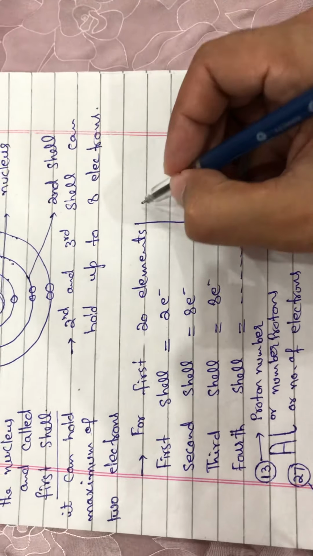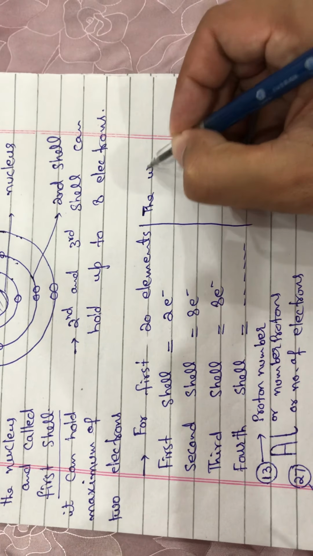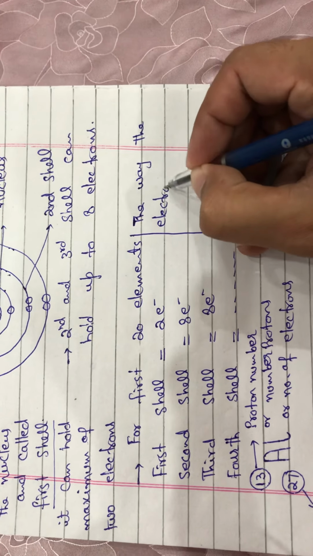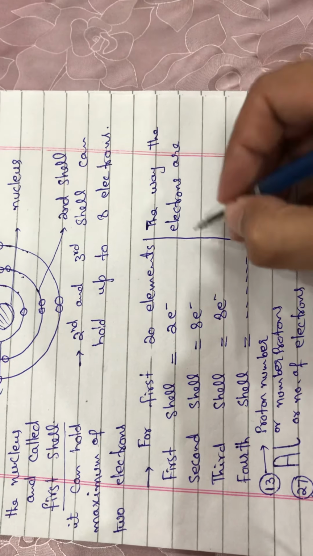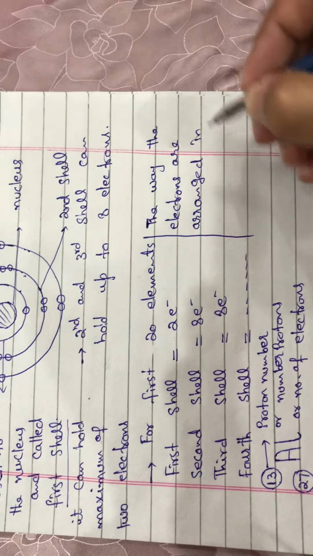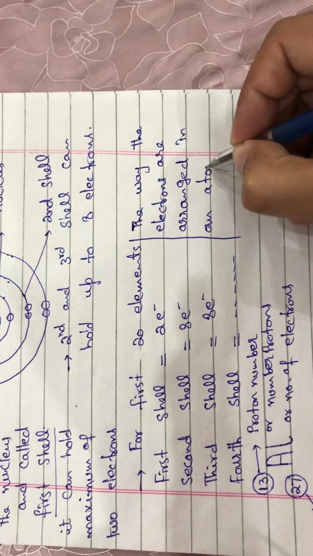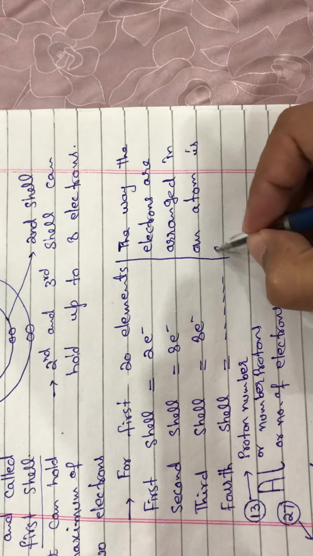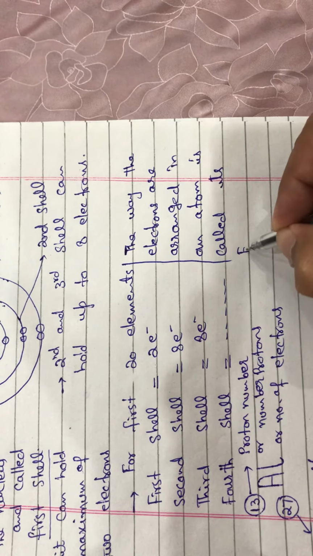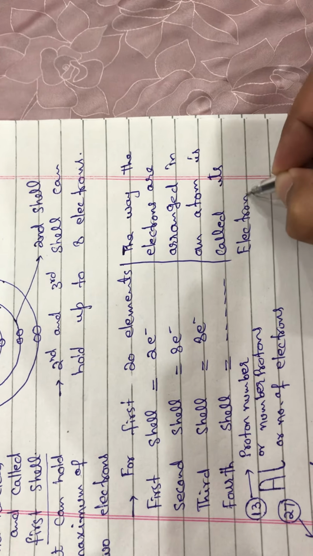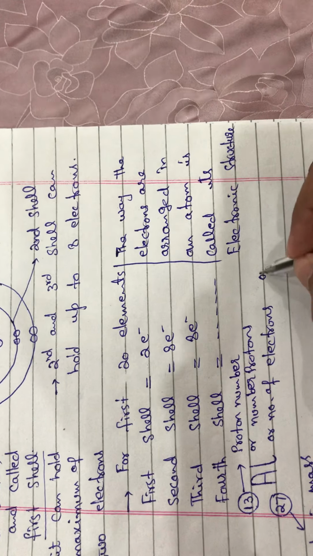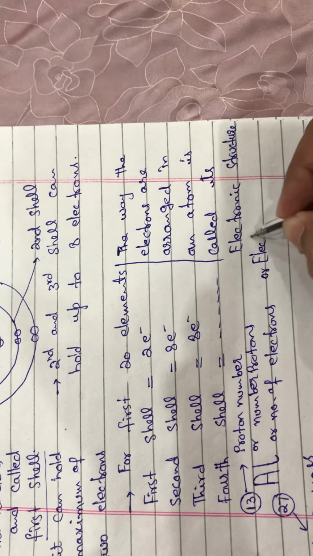So we can write here: the way the electrons are arranged in an atom is called its electronic structure or electronic configuration.